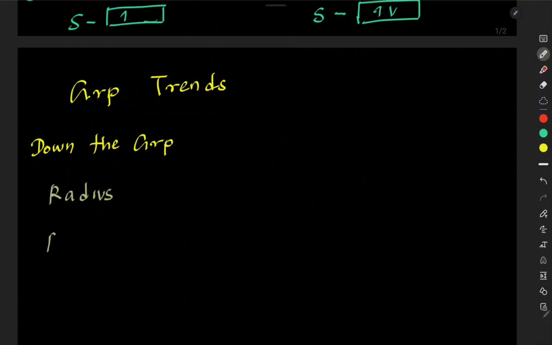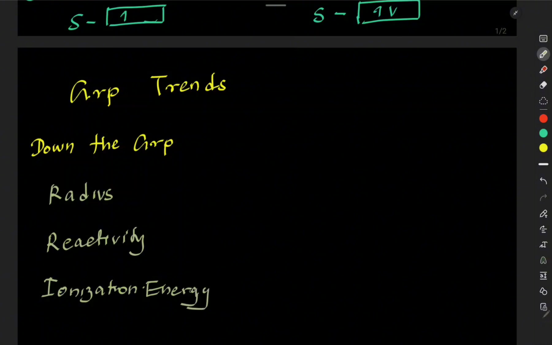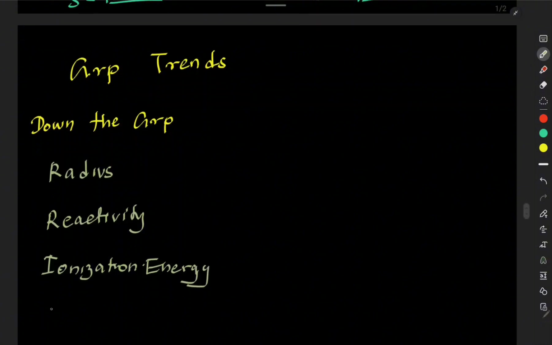Then we're going to talk about reactivity, ionization energy, and softness of metal.